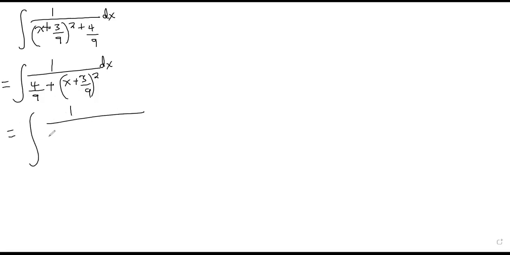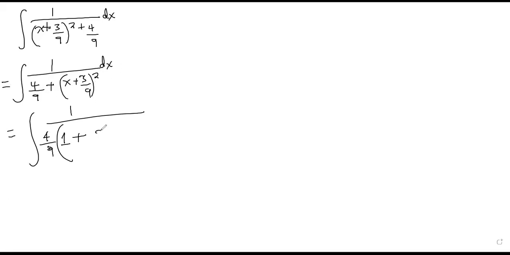So you'll be left with 1 plus this one divided by 4 over 9, because you have moved it out, so you have to divide it everywhere. When you divide here you get 1, and here you get 9 over 4 instead.